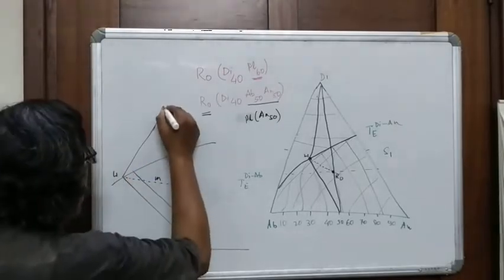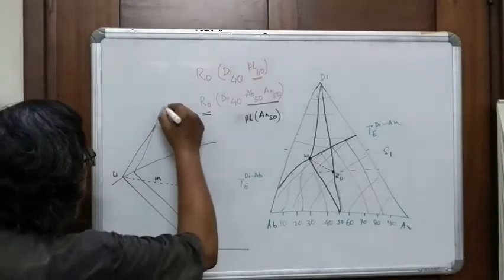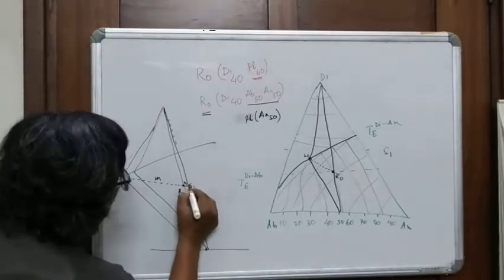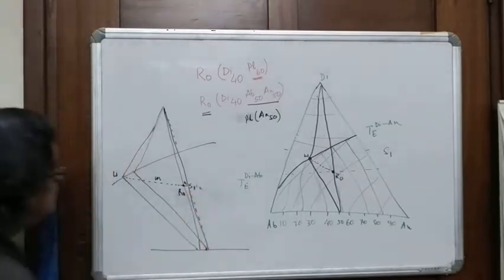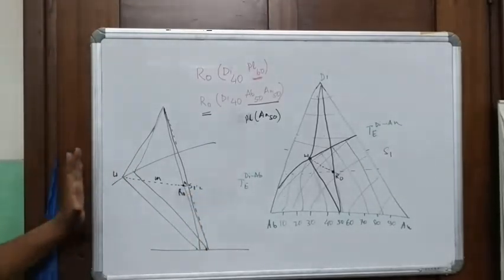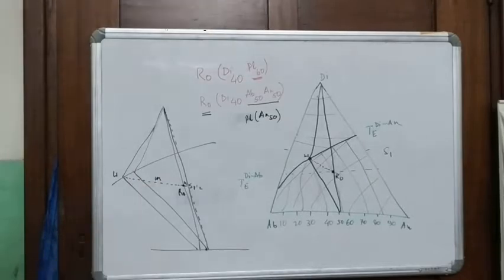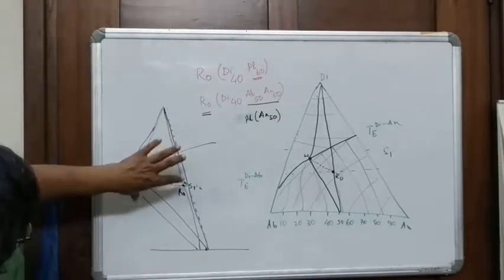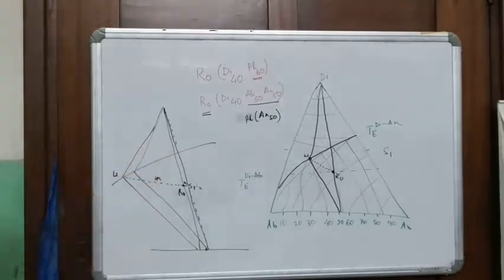Now this time the tie triangle looks like this, and this is your new S2, and then it shifts to S2. So this is how the triangle will swing in the opposite direction.